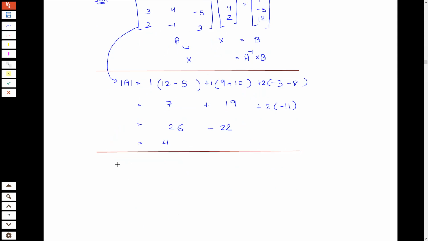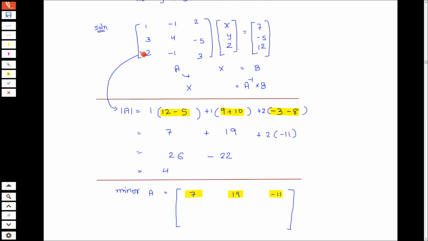Next step is to find the minor of this matrix. To find the minor, for the first row we have already found the values. So I will write these values as it is, which is 7, 19 and minus 11.